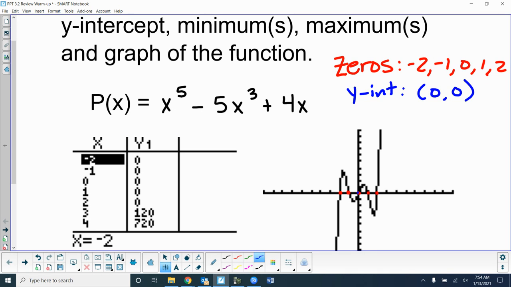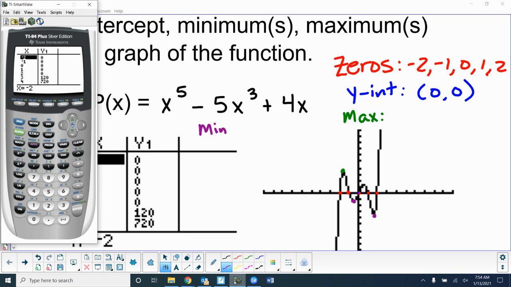Then we got to do min and max. All right. There's 2 mins and 1 max. Okay. So max we'll figure out, and then we got 2 mins. We'll figure those out using our calculator. Okay. So there's 2 problems like this on your practice and on your quiz, okay?